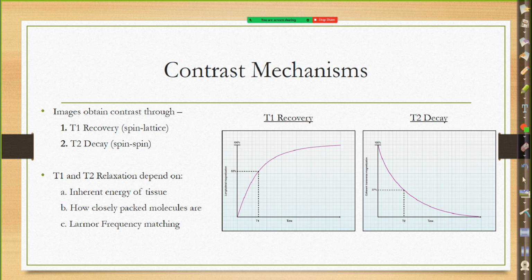And remember, we gave energy into these spins by applying that RF pulse. We went from low to high energy by applying that external RF pulse, B1. Now we're talking about how these tissues relax. Spin-spin, we're giving off energy to its neighboring spin.